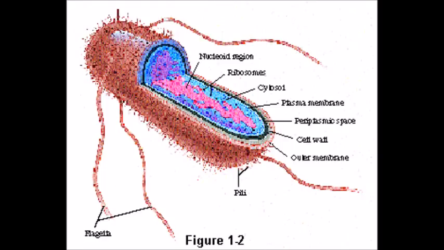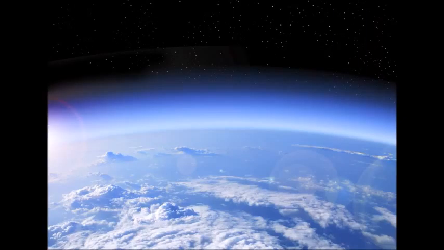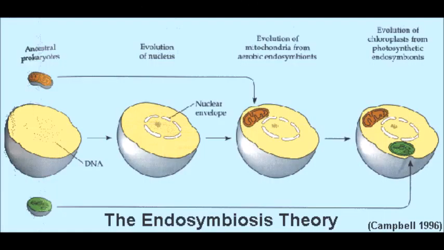And then autotrophic prokaryotes, which make their own food, appeared when mutant heterotrophs gained the ability to produce their own food through photosynthesis, which in turn created the O2 and ozone layer that we require to live. We can see this, as plants release oxygen. Then these symbiotic relationships of prokaryotes led to the creation of eukaryotes, the cells that make us up, or complex organisms. This is called endosymbiotic theory.